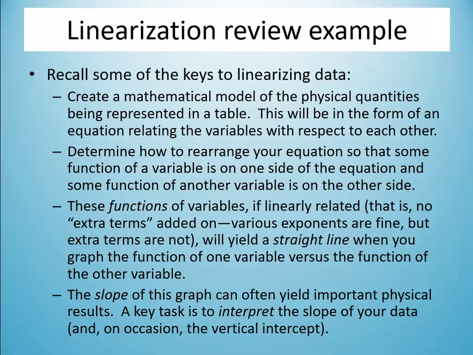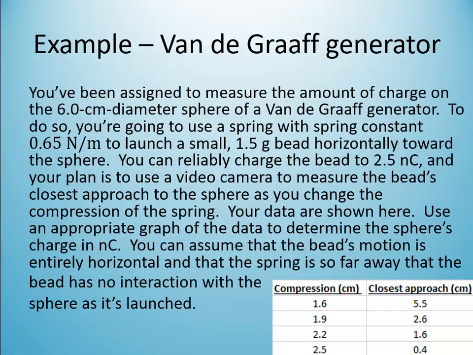Let's look at a big example to illustrate all of these ideas in practice. So here, consider a Van de Graaff generator. The idea is to measure the amount of charge on the 6 centimeter diameter sphere of a Van de Graaff generator. To do so, you're going to use a spring with a spring constant of 0.65 newtons per meter, launching a 1.5 gram bead horizontally toward the sphere, and you can charge that bead to a certain predetermined charge, 2.5 nanocoulombs.